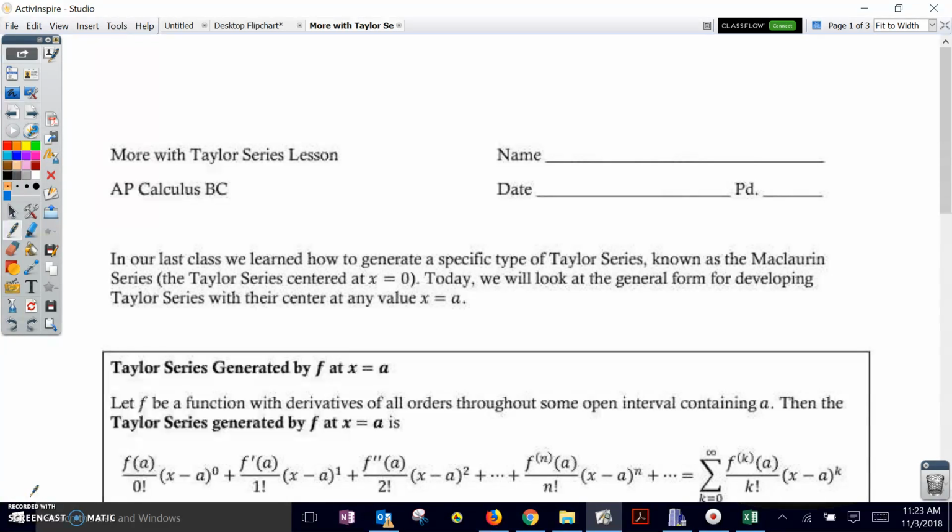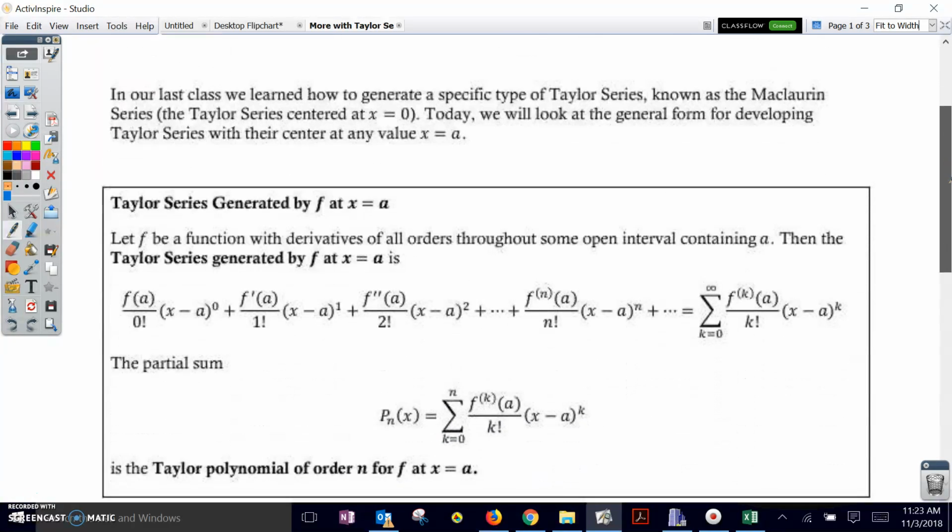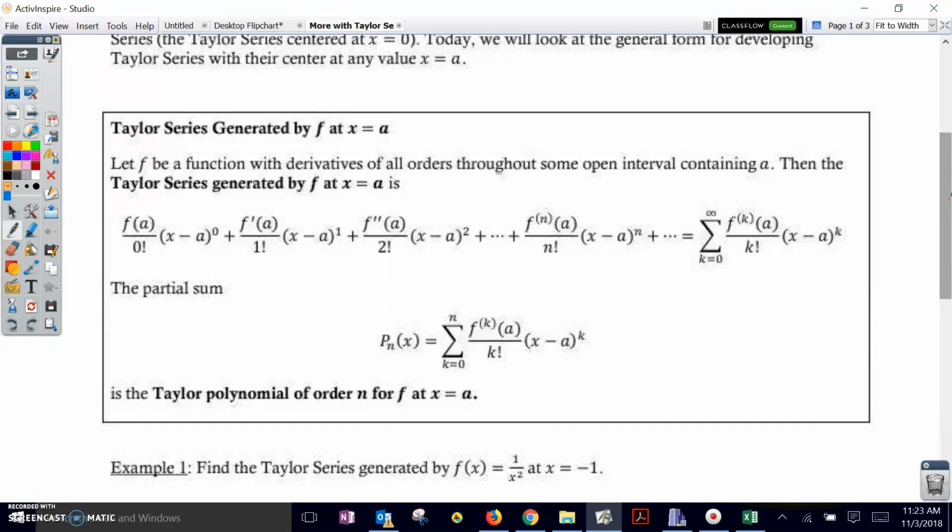And in order to do that, we're going to use this basic formula for a Taylor series. If we're trying to find the Taylor series generated by a function at the point x equals a, we're going to need a few things. We're going to need the value of the function at a, and subsequent derivatives to generate the Taylor series.